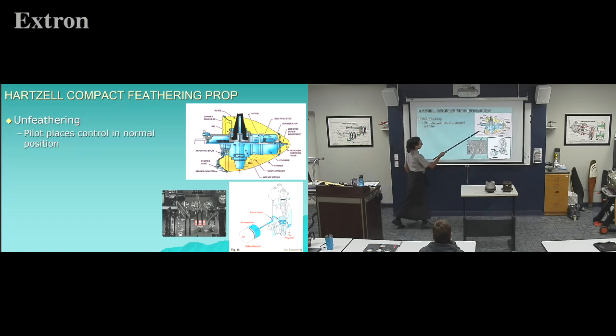It sends that oil into the hub, and if I have an accumulator, it dumps that, helped out by the nitrogen, boosting that pressure to take us to the low blade angle.